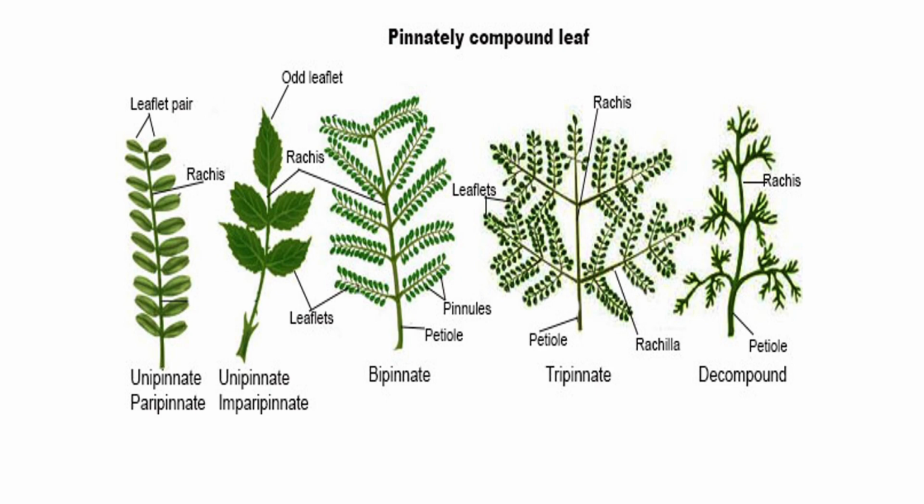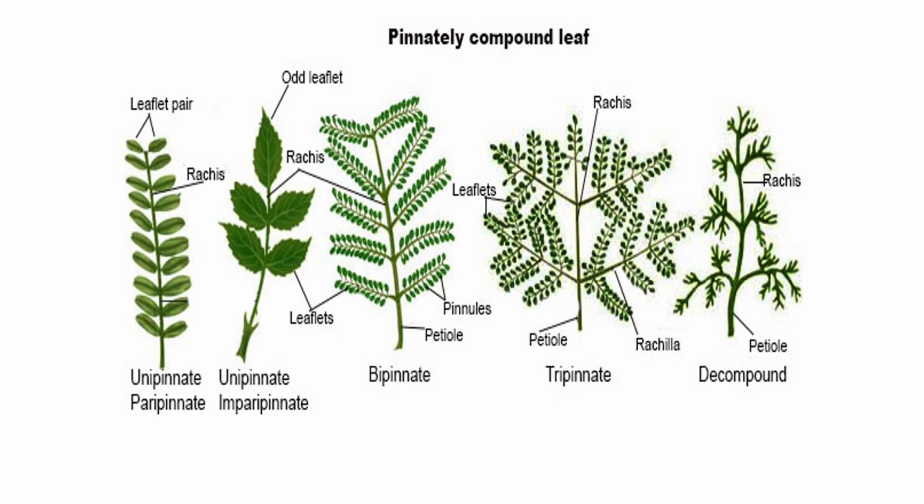In unipinnate type, the leaflets are attached to the rachis directly. It may be paripinnate or imparipinnate. In imparipinnate, the rachis ends in a single leaflet. Example, Azadirachta. In paripinnate, the rachis ends in a pair of leaflets.